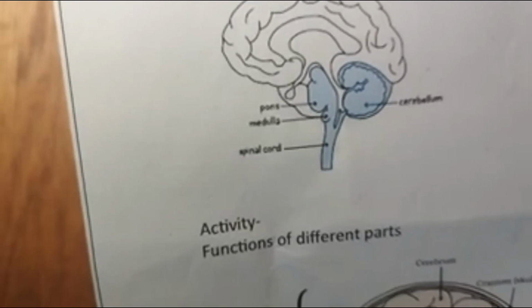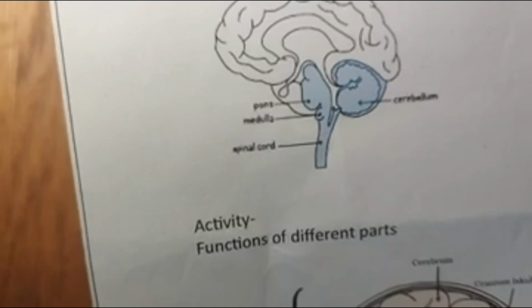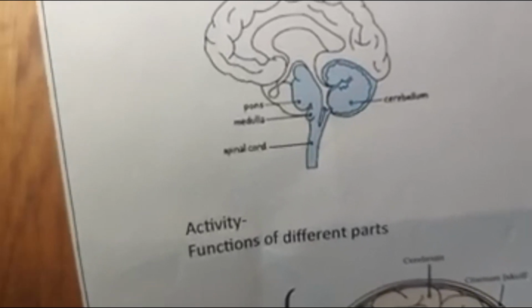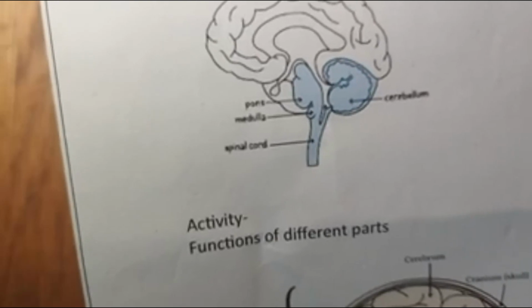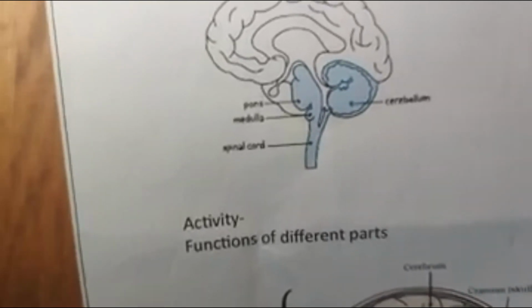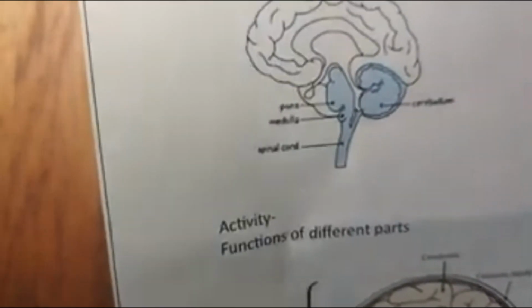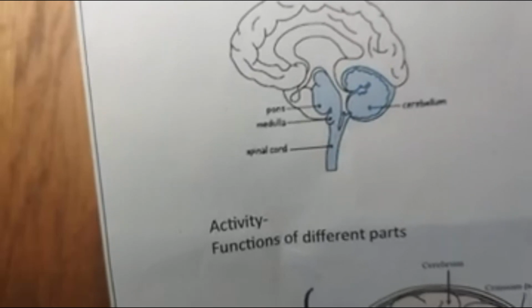We don't have to remember to breathe. We don't have to concentrate on how the food is digested in our stomach. Do we have to? No. These things happen involuntarily. So we are going to look into these functions in a little more detail and how they are carried out without any thinking, without voluntary control.